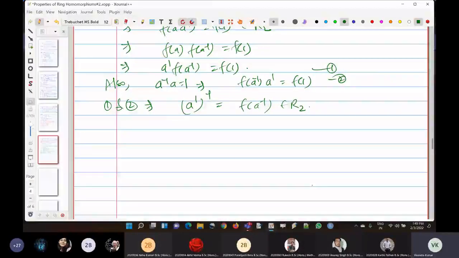So this means that R2 is also a field. So the image of a field is also a field. That's all. That's what I wanted to tell.